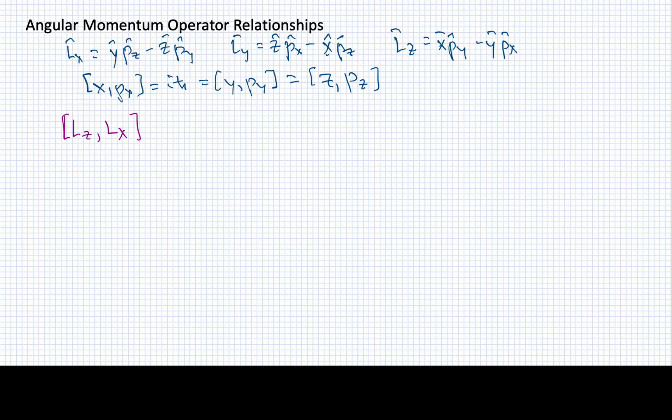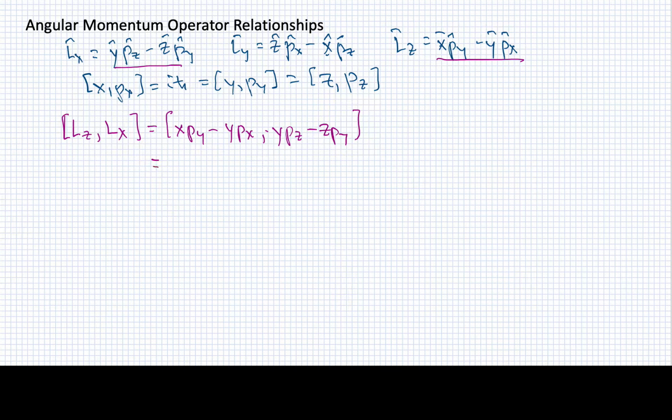So what would I do? Well, I'd use these expressions for Lz and Lx. Lz is x py minus y px, and Lx is y pz minus z py. Whenever I have something like this, it breaks down into several commutators.